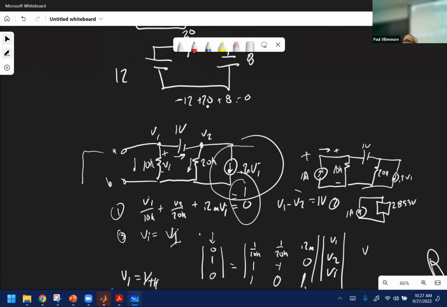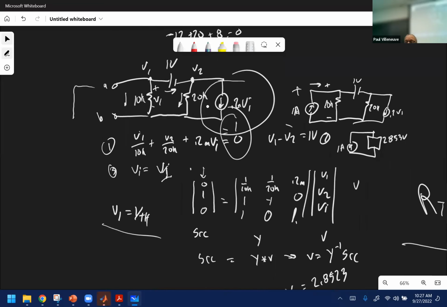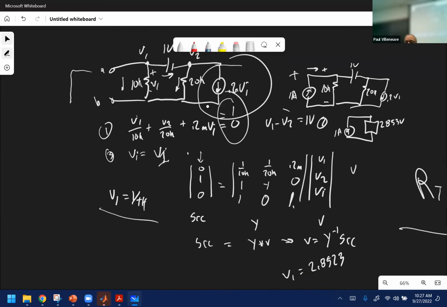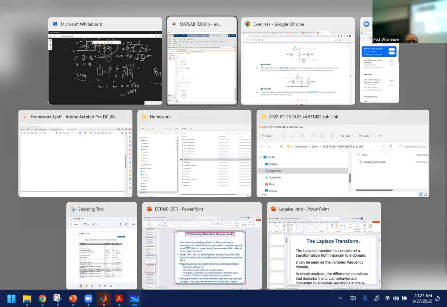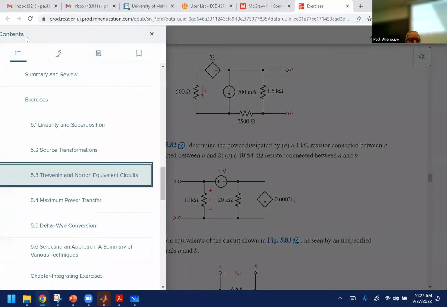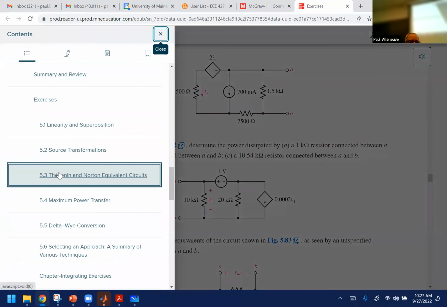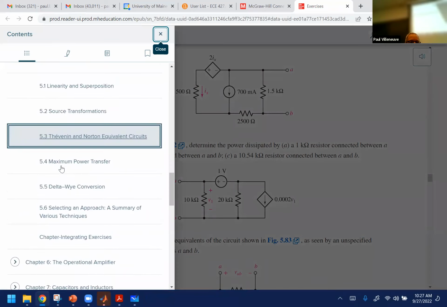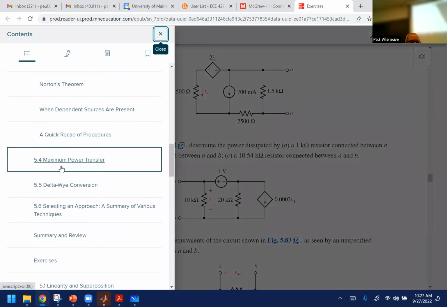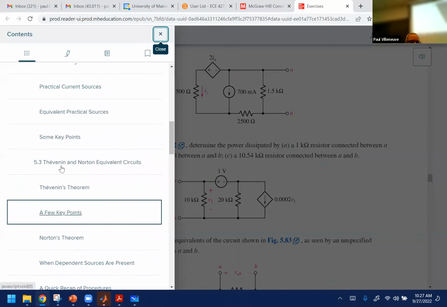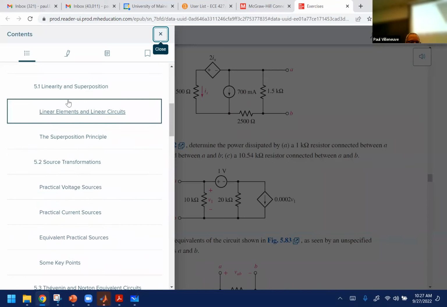Yes, sir. Could you run through how to set up the matrix if you were to have a problem with dependent sources? Set up the matrix or set up the equations? Because the matrix approach never changes. The equations? Yeah, let's take a look at an example here. Let's see, where is superposition? Here we go.